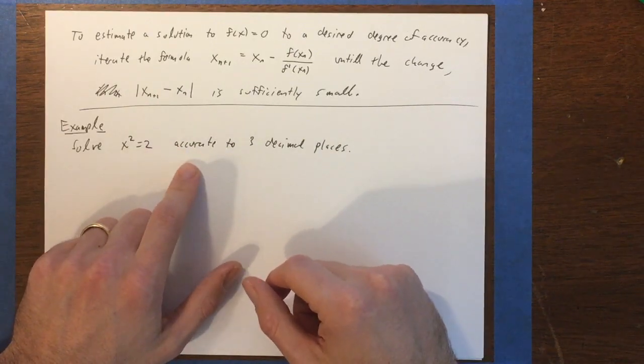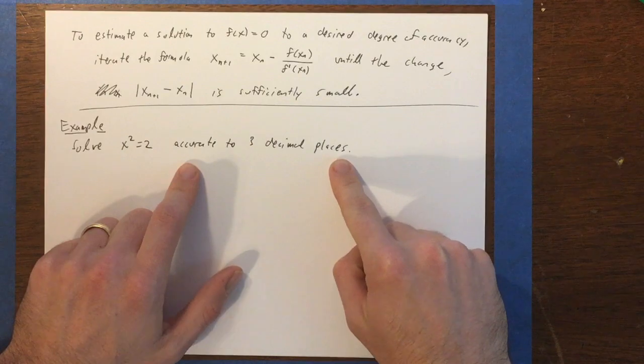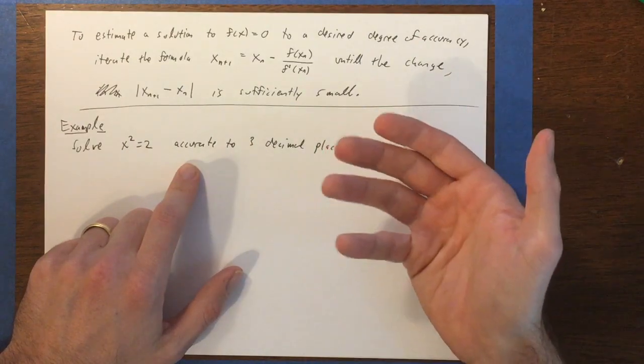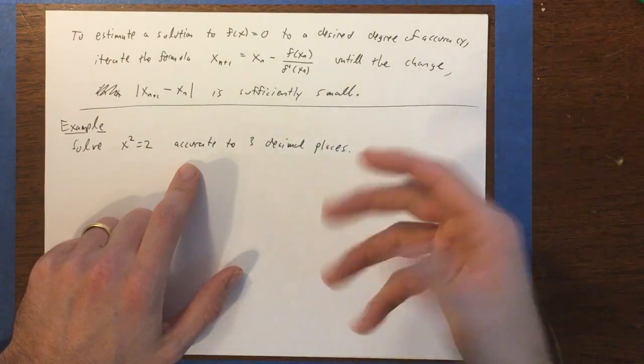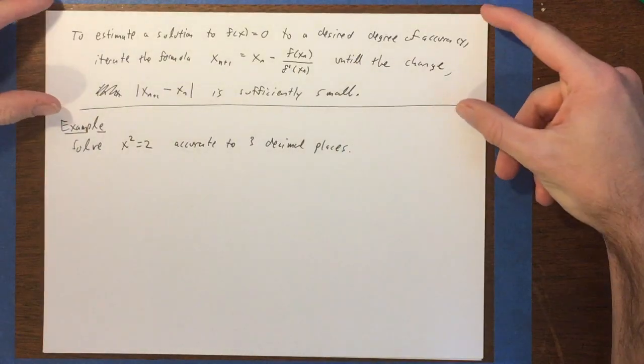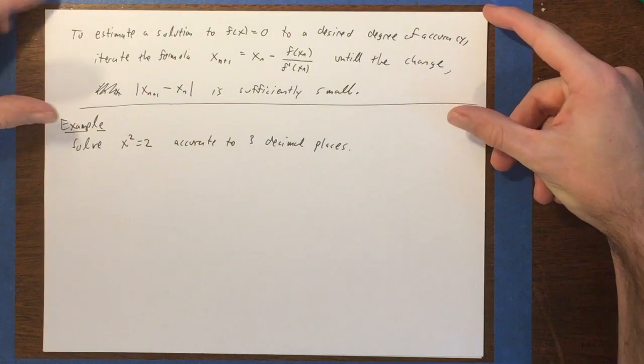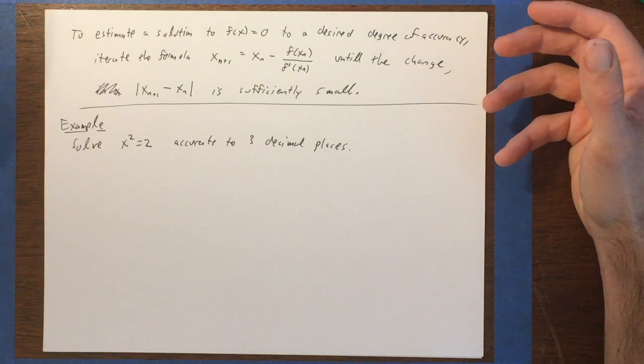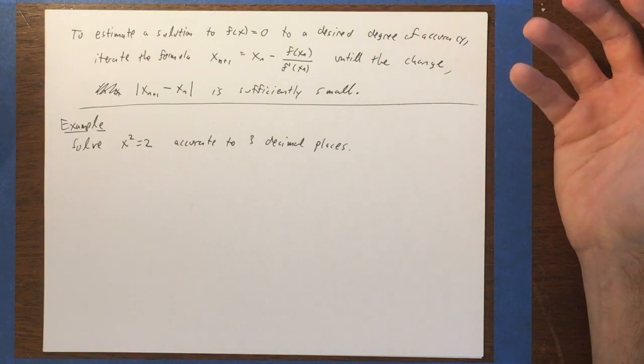Now, I want to find that solution accurate to 3 decimal places. So I'll show you in the example how you ensure that it's accurate to 3 decimal places, but I kind of wrote a description of how you do that up here. The idea is to estimate a solution to f of x equals 0 to some desired degree of accuracy.